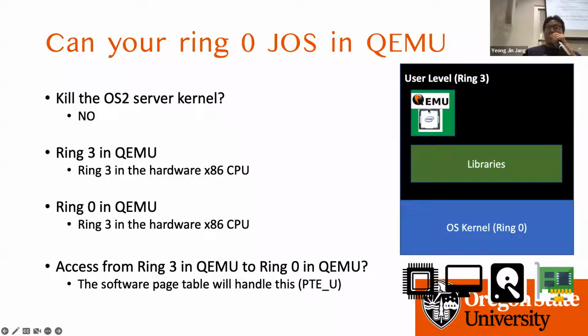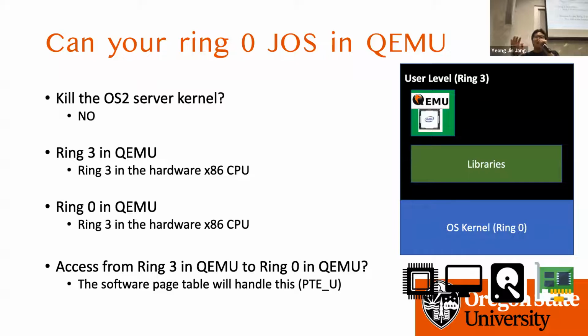And QEMU is a Ring 3 application, so it cannot affect other processes running by another user, because that's protected by the host operating system. And accessing Ring 0 in QEMU from Ring 3 in QEMU is also impossible, because QEMU guarantees virtualized memory isolation, and internally follows our page table bits for that.